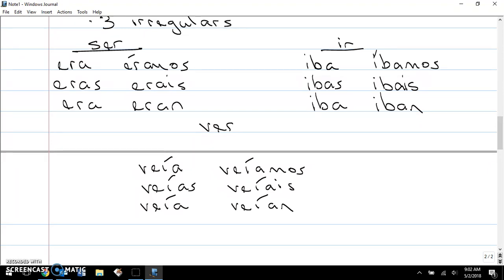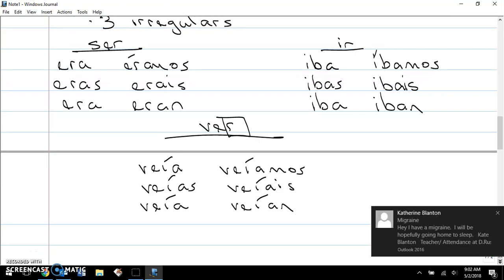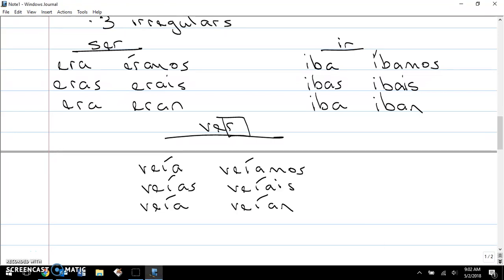All they did here, an easy way to remember it, is they just dropped the R and then the regular ER, IR endings, ía, ías, ía, etc. So, hopefully a little bit easy to remember. You can make some associations, and that is it for the imperfect.